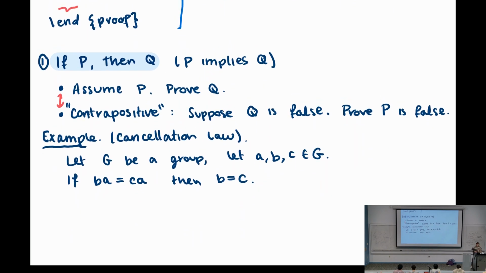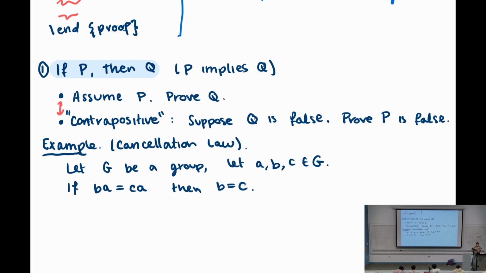So let's provide a proof of this using just the axioms of groups that we saw on Monday. So the structure of our proof, we're going to assume that we have elements A, B, and C from the group G, and suppose that this holds.